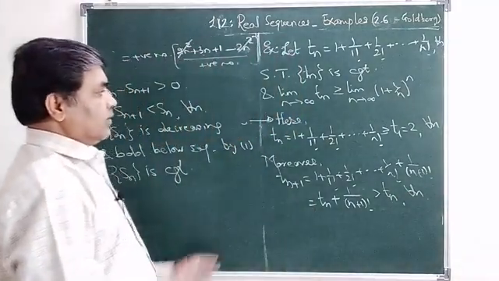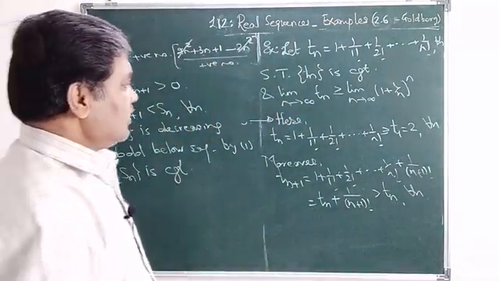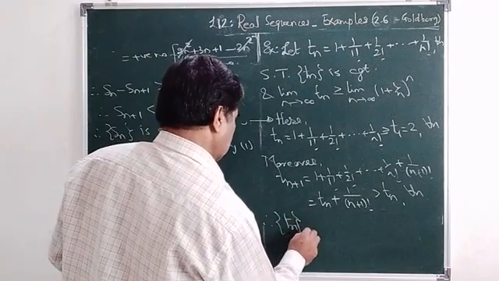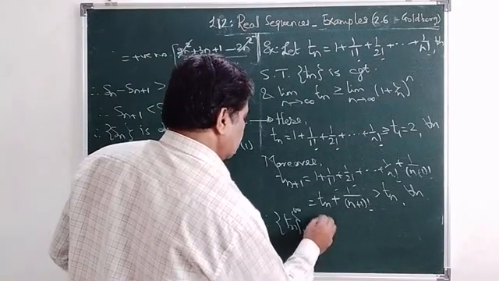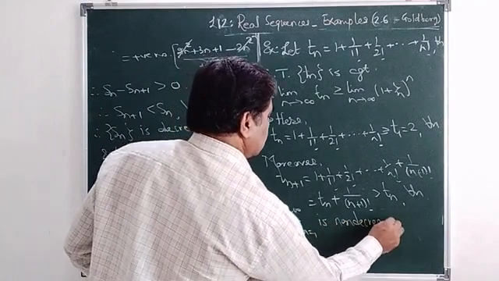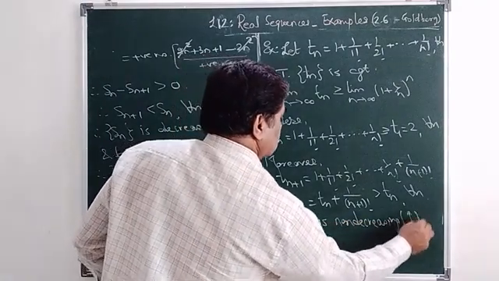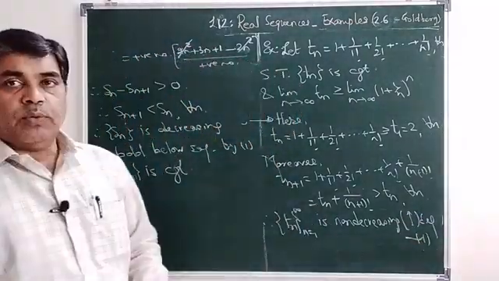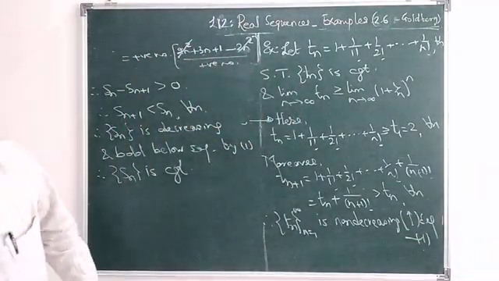Therefore, Tn is an increasing sequence, non-decreasing or increasing. Now, if I prove that it is bounded above, then we are through.